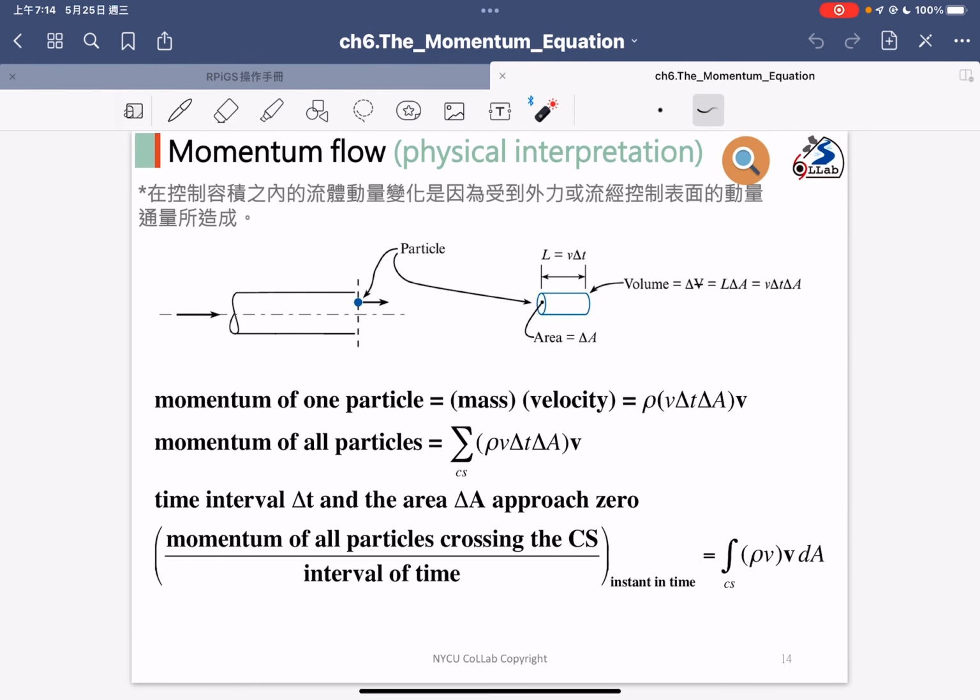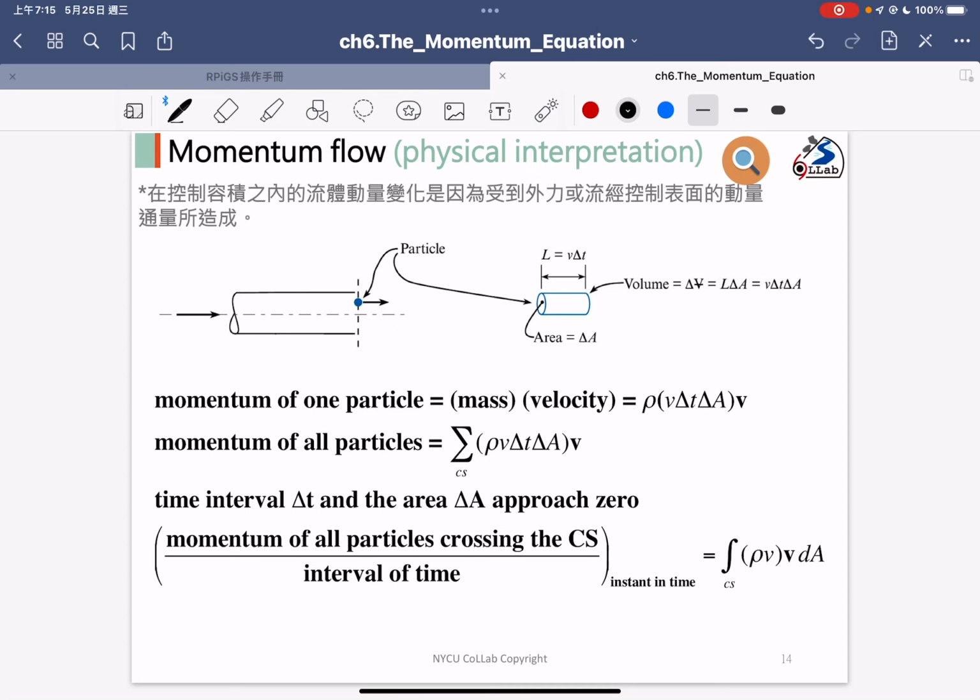So in the following slide, I would like to provide the physical interpretations of the momentum flow and the momentum accumulation. So we start with the momentum flow. As you can see, the left-hand side is the pipe flow, and we focus on one cross-section area, and we cut off a small piece of the pipe, and then we can quickly calculate the volume change in the pipe, right?